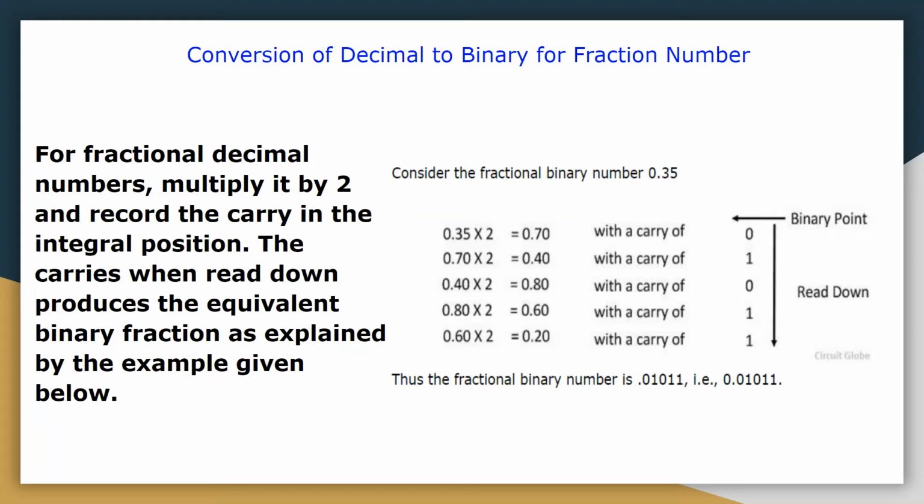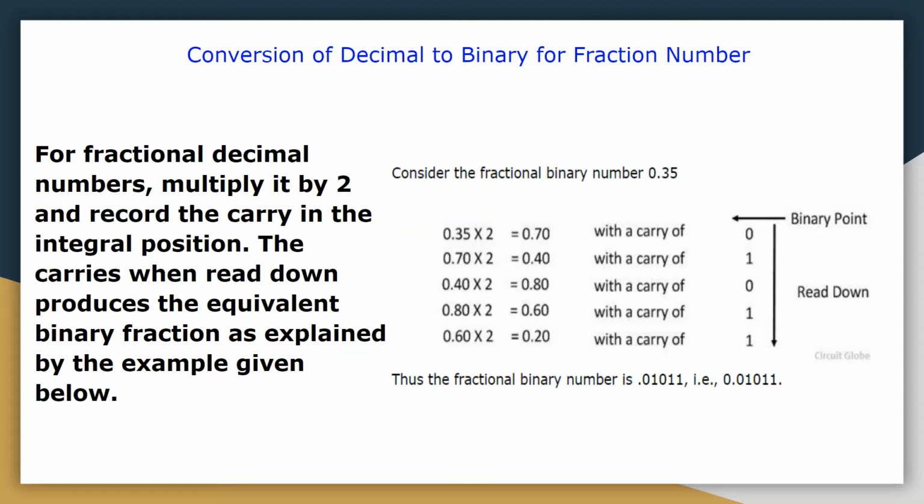In this example we take a decimal fraction, 0.35. At first we have to multiply it by 2, that produces 0.70, and its carry is 0 because the integral position before the decimal point is 0.